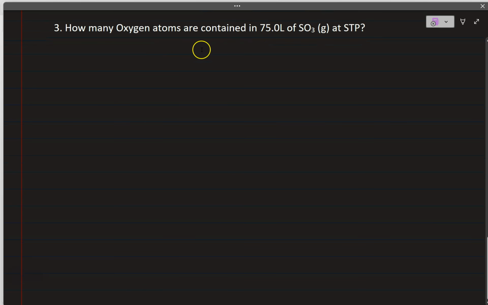How many oxygen atoms are contained in the volume 75 liters of SO3 gas at STP? So in here we are being very, very specific. The question says how many oxygen atoms. It doesn't say the entire compound, right? So there are 3 oxygen atoms in that compound.